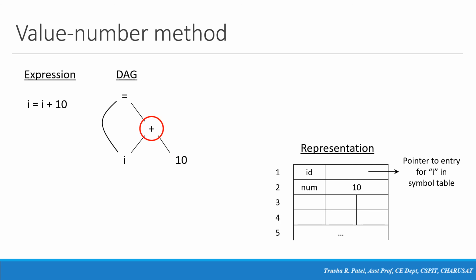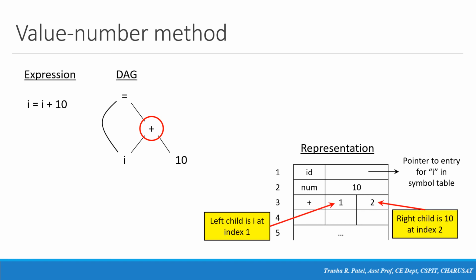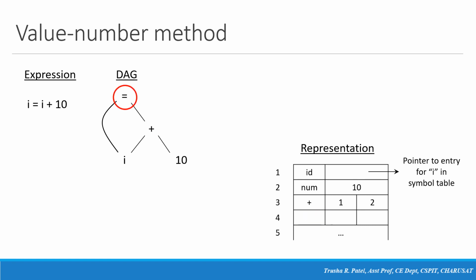Now next we have plus. So there is a plus entry, and plus has two children, a left child and a right child. Left child is i, whose entry is available at index 1, and right child is 10, whose entry is available at index 2. That's why 1 and 2 are written with the plus. Now next is equals to.